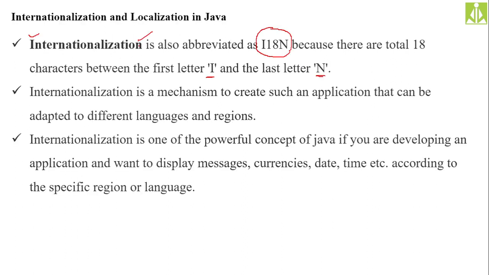It is a mechanism to create an application that can be adapted to different languages and different regions. So there should not be any boundary or limitation on your application. If you want your application to work all over the world, you have to do internationalization. Suppose you are using that application in the USA, it should support US English as well as the currency, all those country-specific parameters.